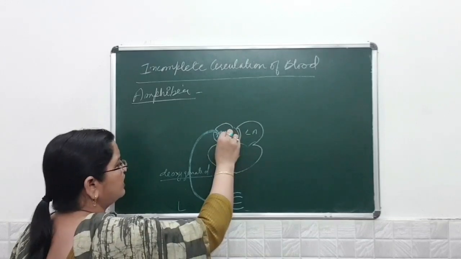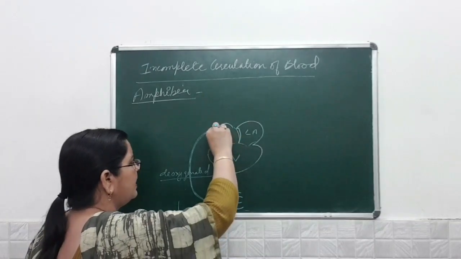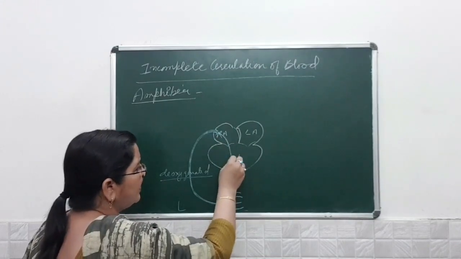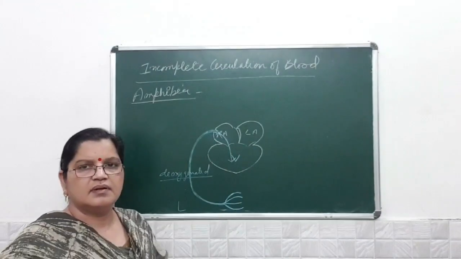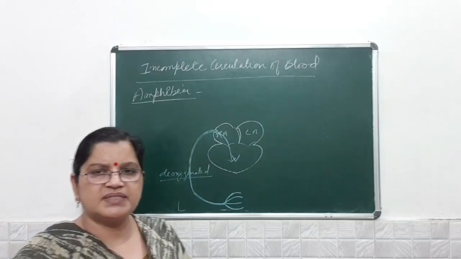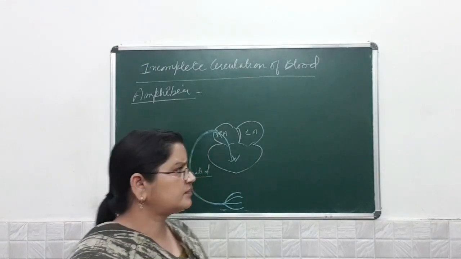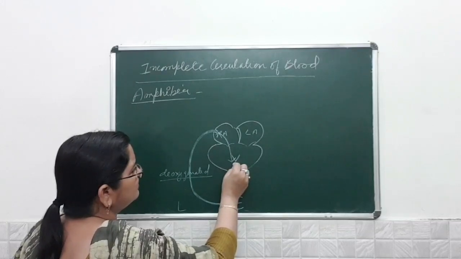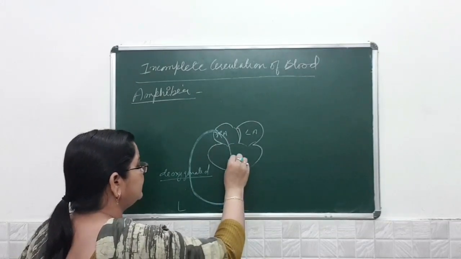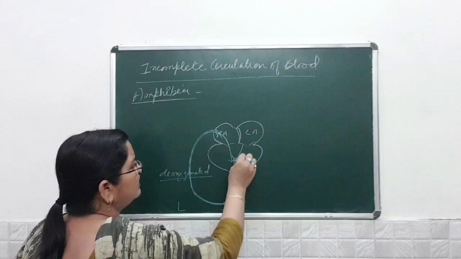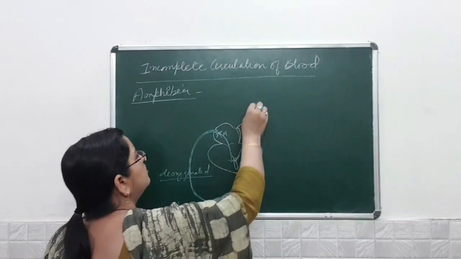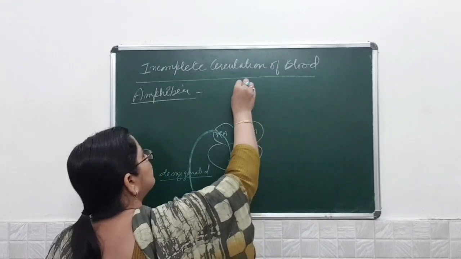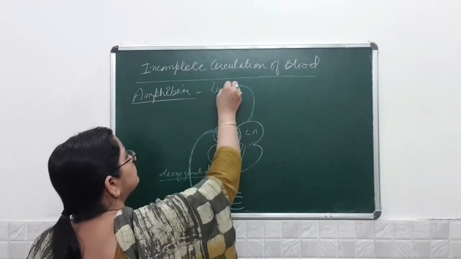From right auricle, blood pumps into the ventricle due to muscle contraction. From ventricle, this deoxygenated blood moves to the lungs.